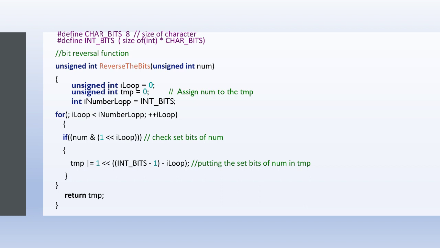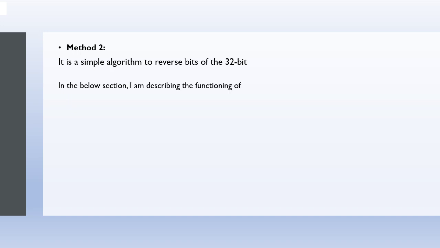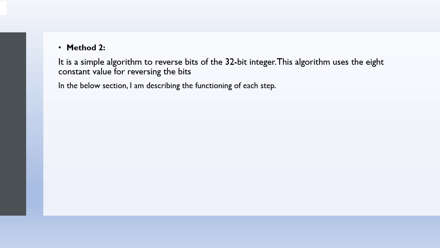It is a simple algorithm to reverse the bits of a 32-bit integer. This algorithm uses constant values for reversing the bits and takes 5 simple steps. In the below section I am describing the functioning of each step.